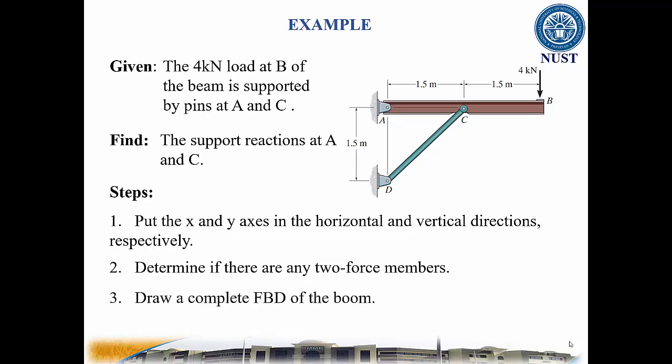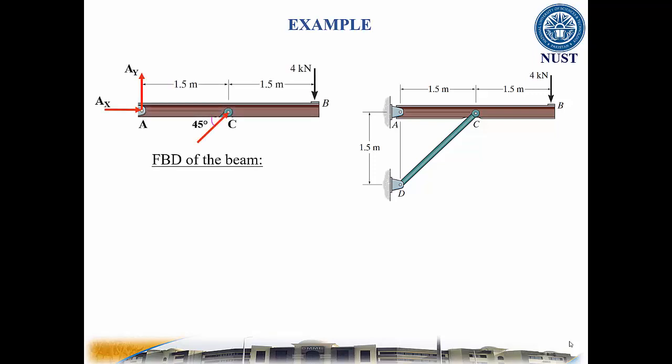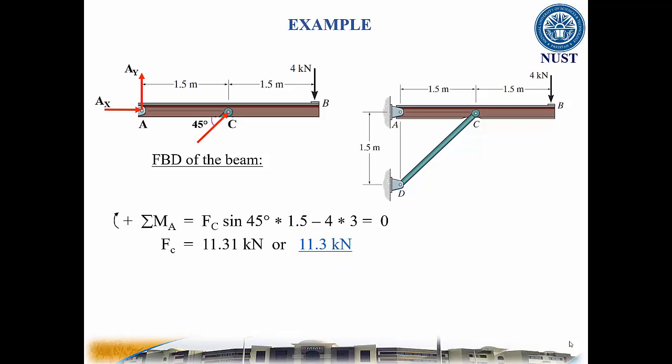Draw a complete free body diagram. Apply the equations of equilibrium to solve for the unknowns. Note that upon recognizing CD as a two-force member, the number of unknowns at C is reduced from 2 to 1. Now draw the free body diagram and apply the equations of equilibrium.